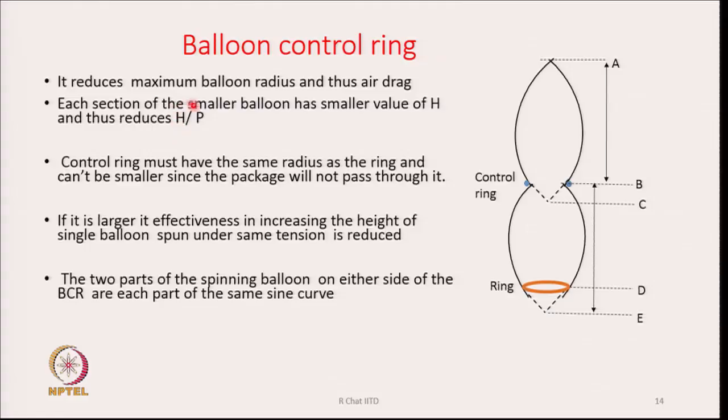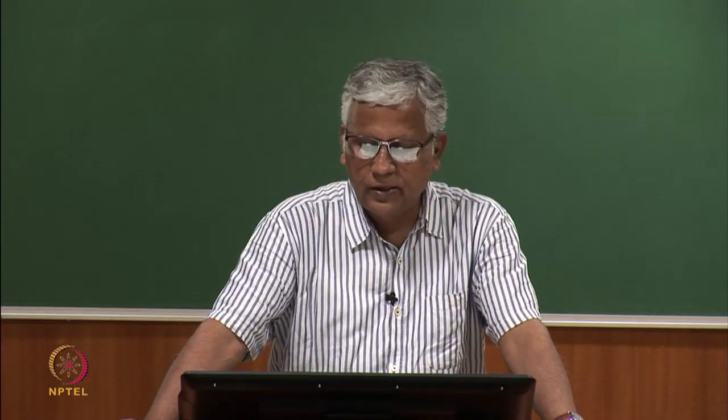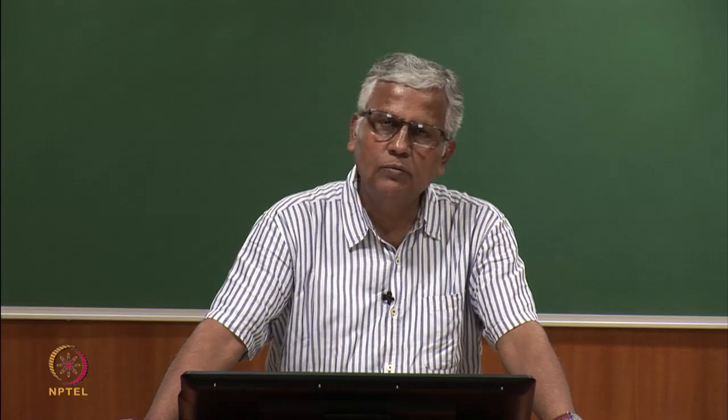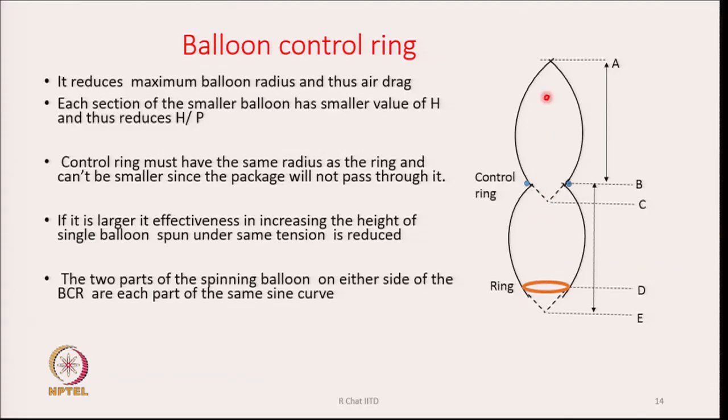So, now h by p value is also going to decrease, and therefore, the ratio of h by p is not going to exceed the threshold critical value, and hence we will be able to spin the yarn, and we can have a longer bobbin and make a larger package.